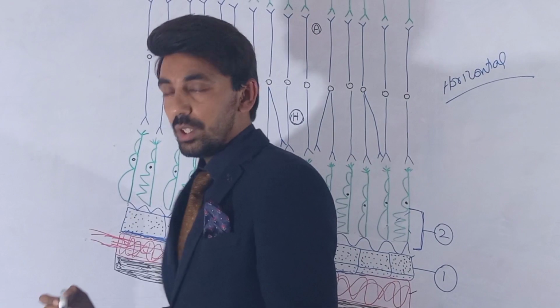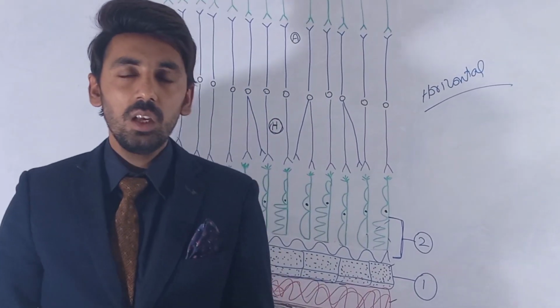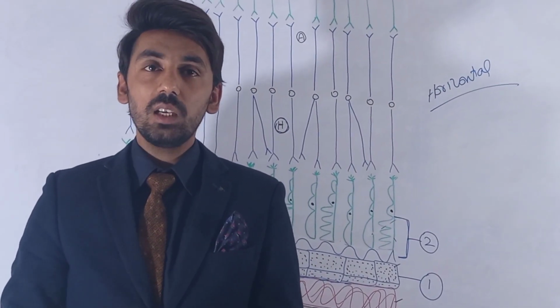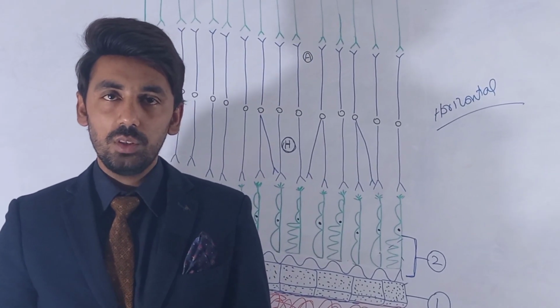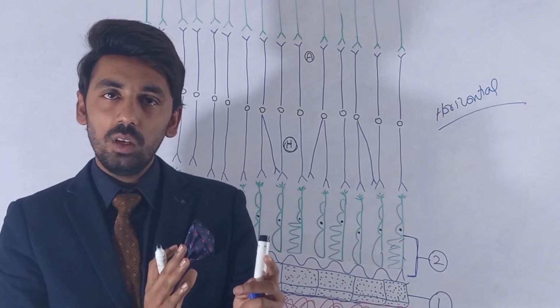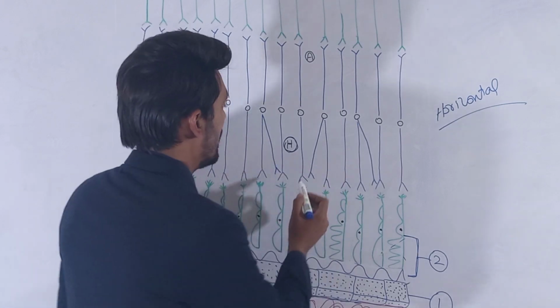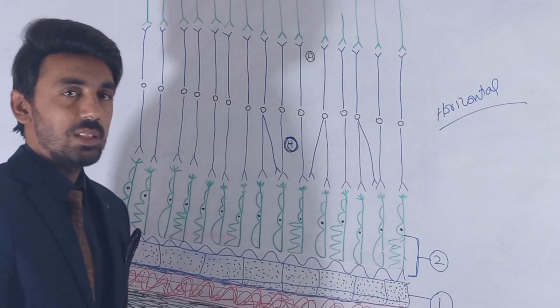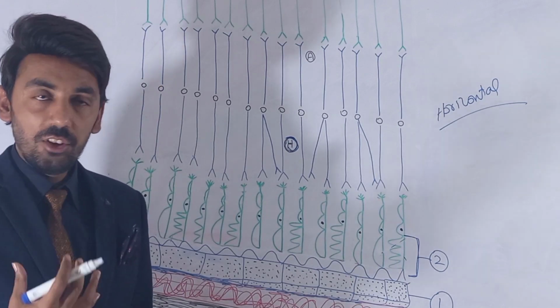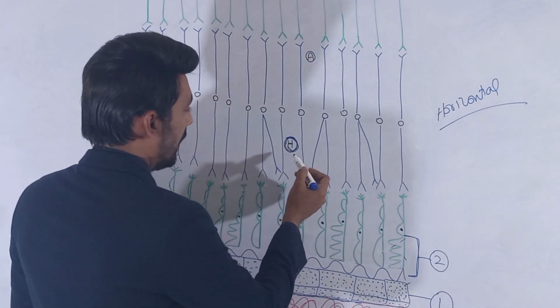The horizontal cells. Actually, these horizontal cells are not supporting cells. They are actually for the conduction of the action potential from one gradient to the other. So these horizontal cells, as you can see here, will act laterally.